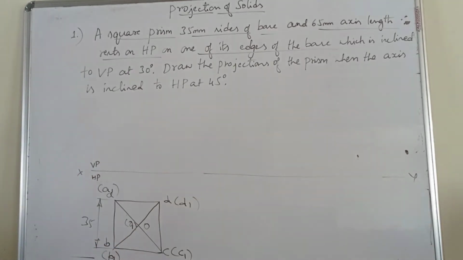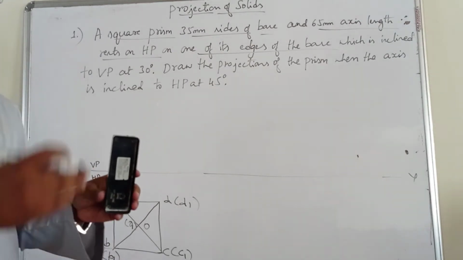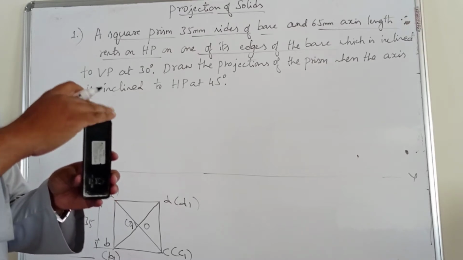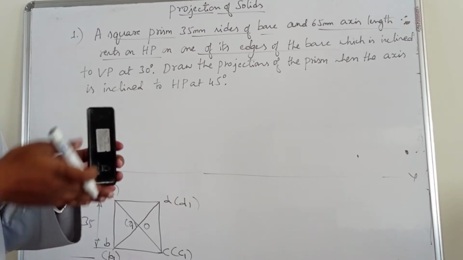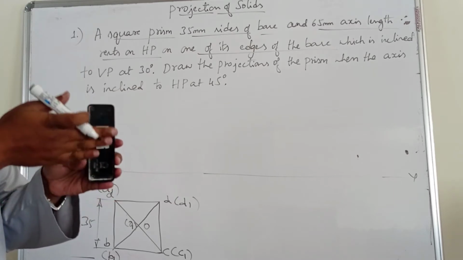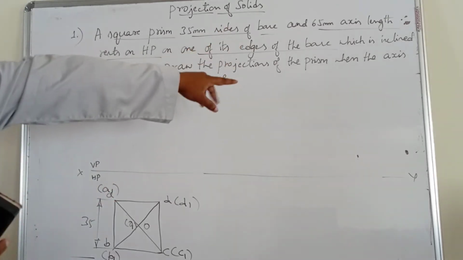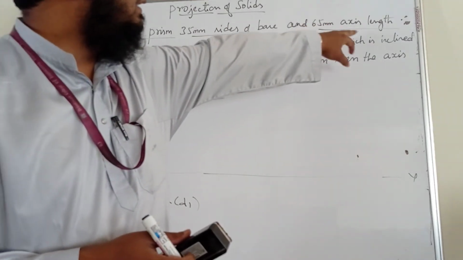Now we have to draw the front view. If you consider this as your square prism, we have drawn the top view with the two faces. When we look at the front view, we will get a rectangular face. For that rectangle, they have not mentioned anything directly; instead they mention a 65 mm axis length.